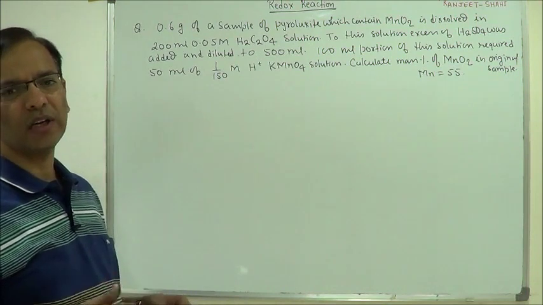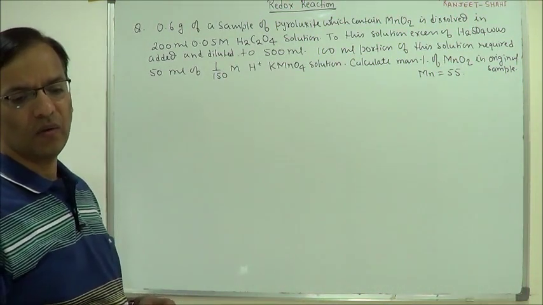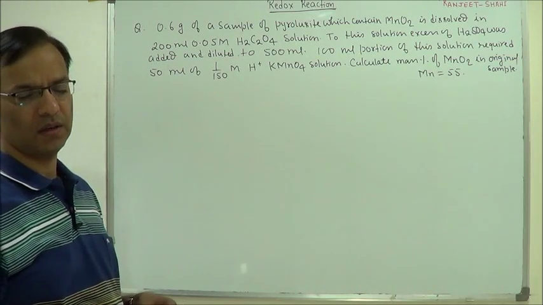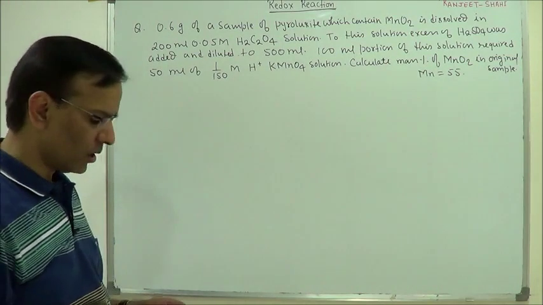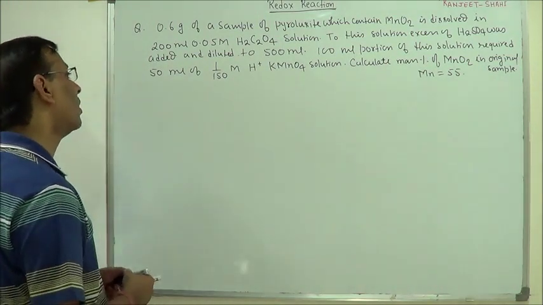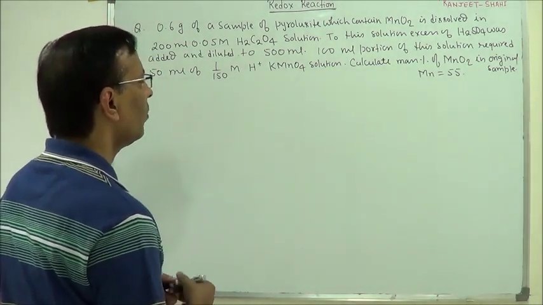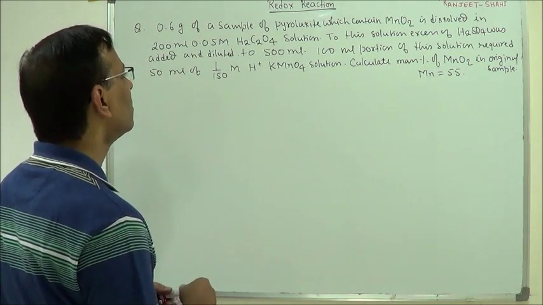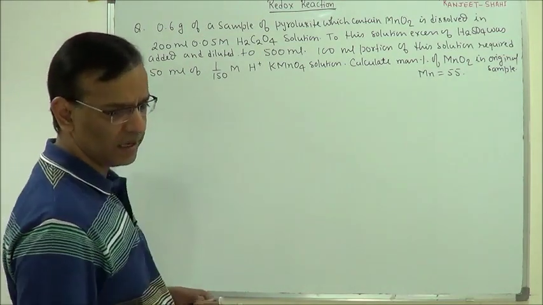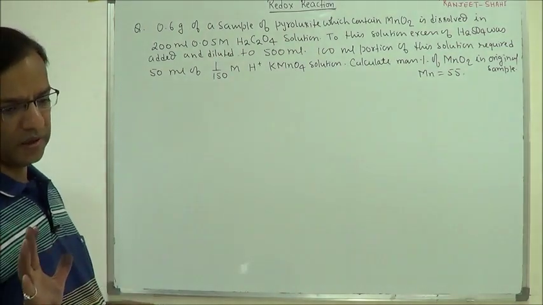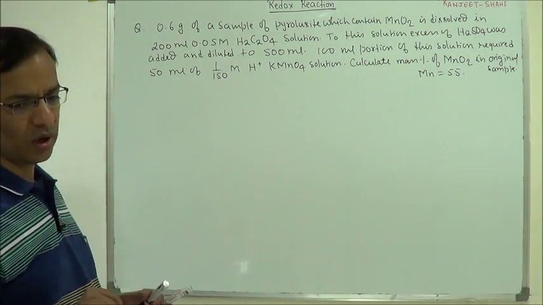The entire reducing agent was not consumed in the previous reaction. So, how to proceed? We have two oxidizing agents in this process, manganese dioxide and potassium permanganate, and one reducing agent which is oxalic acid.